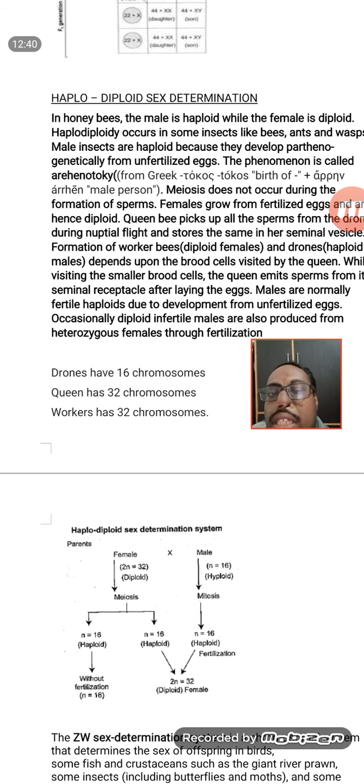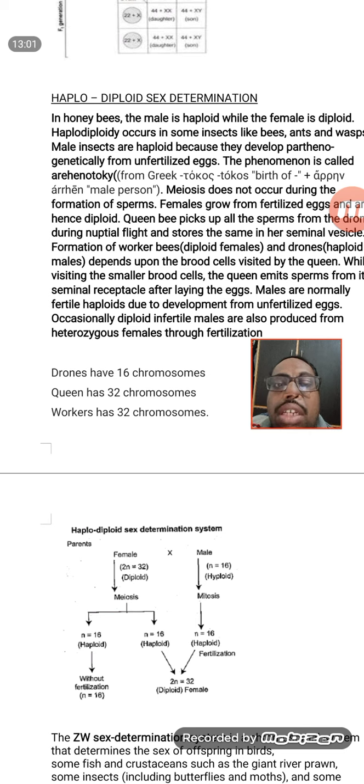And how the sex is determined in honeybees, many theories are running. And still it is not exactly clear why these honeybees, not only honeybees, many of the insects, are showing this type of difference.